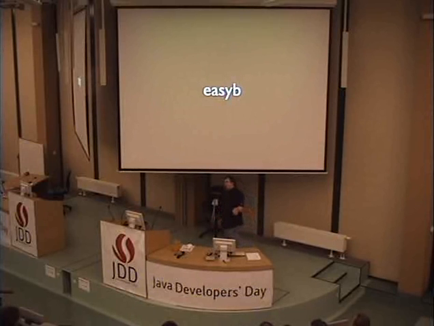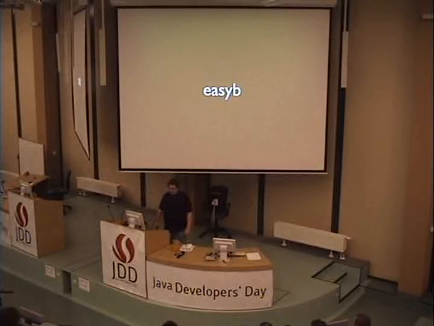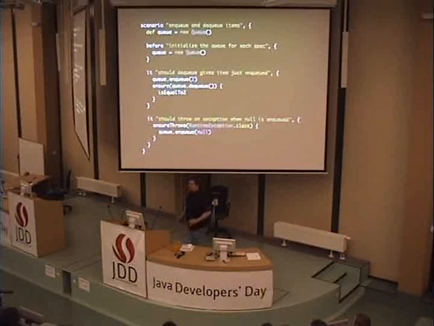But then when Ruby became popular, they created this thing called RSpec. And RSpec used DSL techniques in Ruby to make BDD really work well. And the Groovy guys took this idea and re-implemented that in Groovy. So this is what the unit tests look like in EasyB.